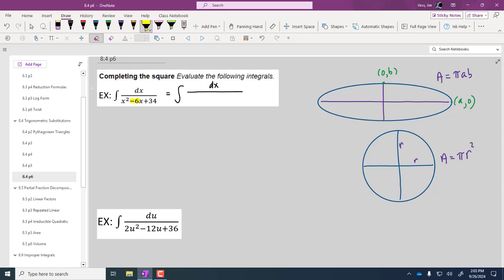So negative 6 divided by 2 is negative 3, square it, you get 9. So we would need 9. If we had a 9, that would be a perfect square trinomial. So what we're going to do is take 9 from the 34.